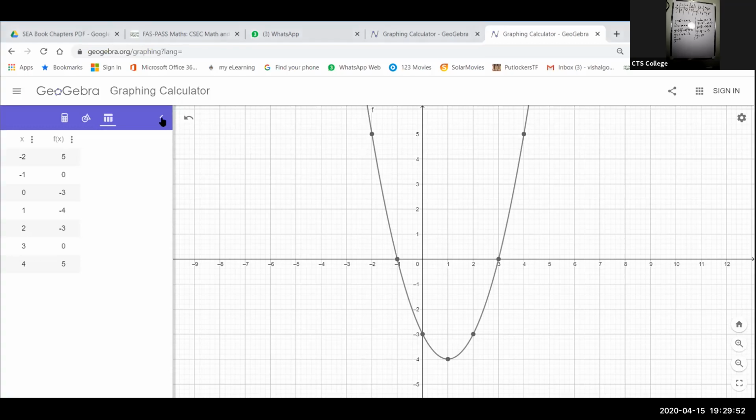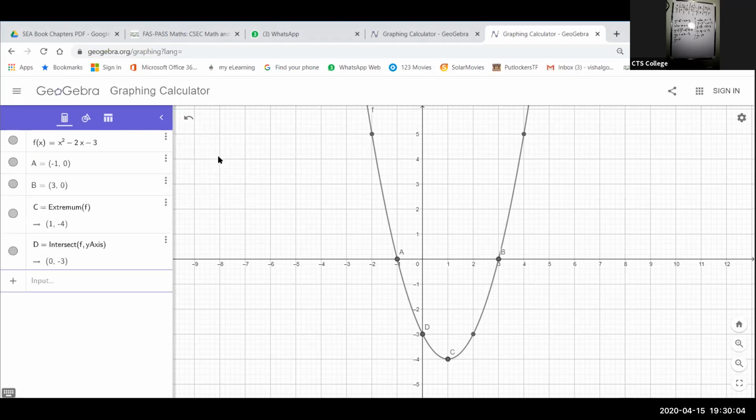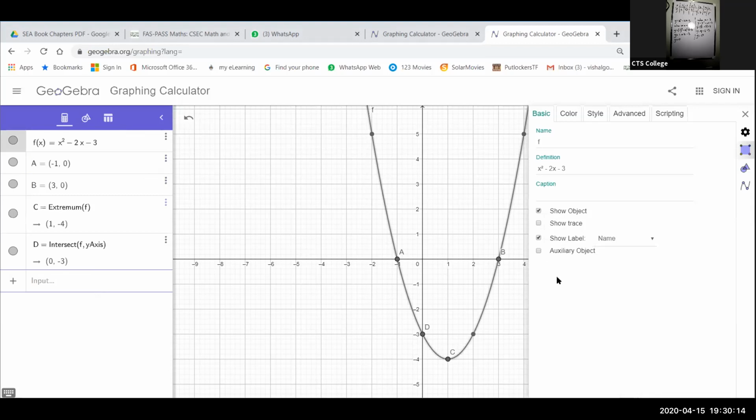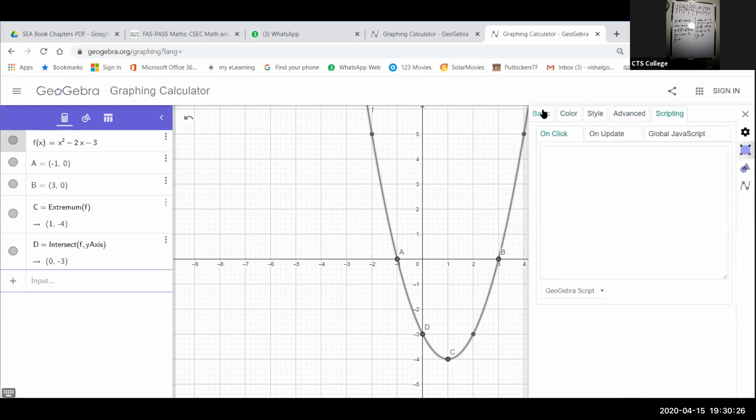Okay, so let me see if there's an option to do line of symmetry. Nope. No, there isn't a way to do line of symmetry here.